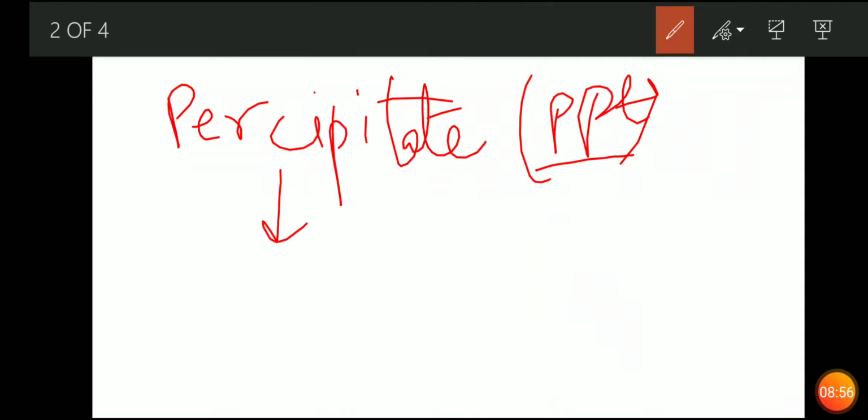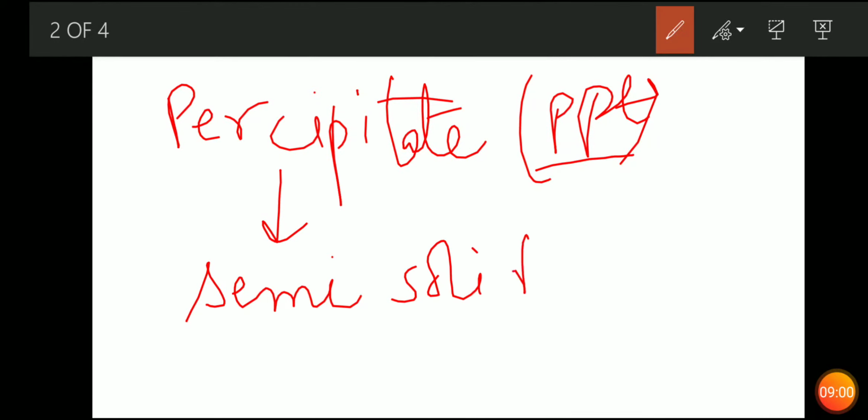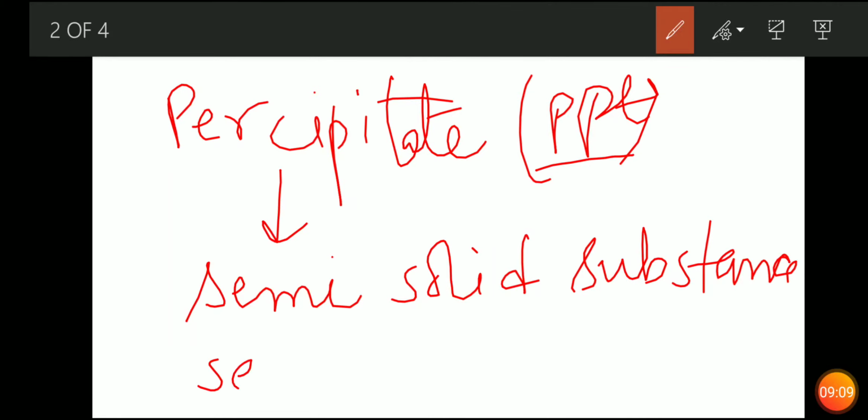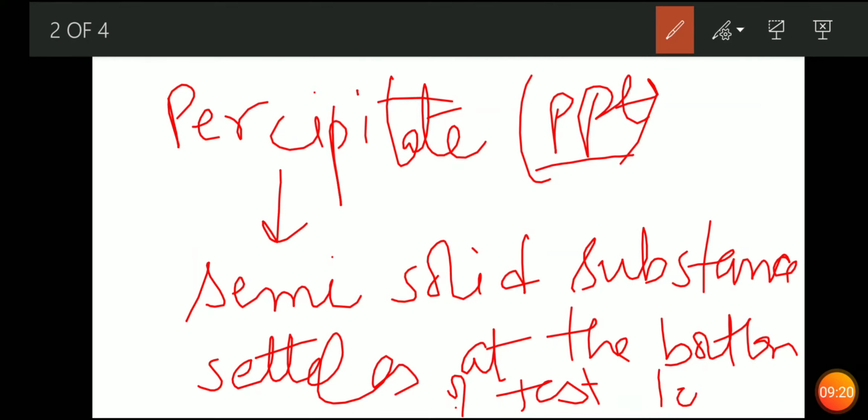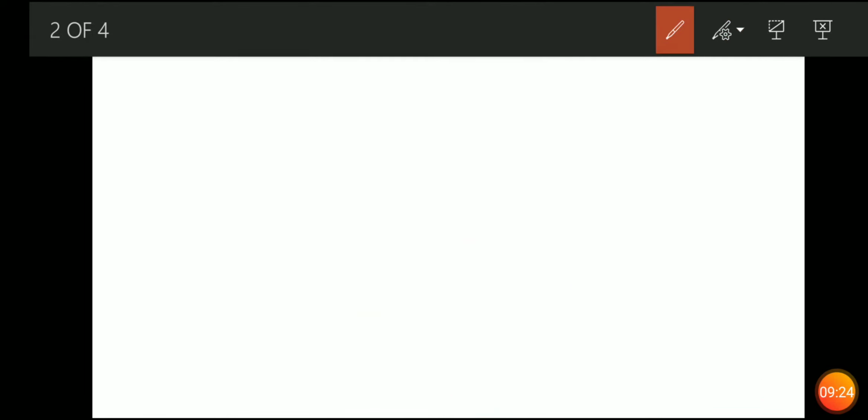It is a semi-solid substance which settles at the bottom of the test tube after reaction. So there we get the precipitate of white color.